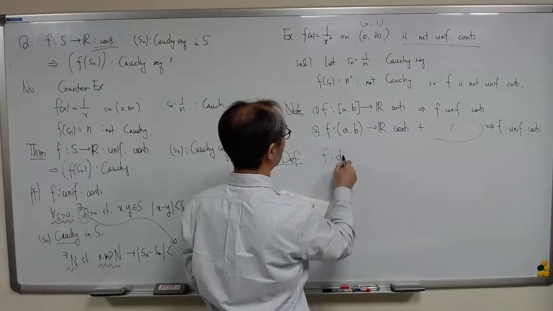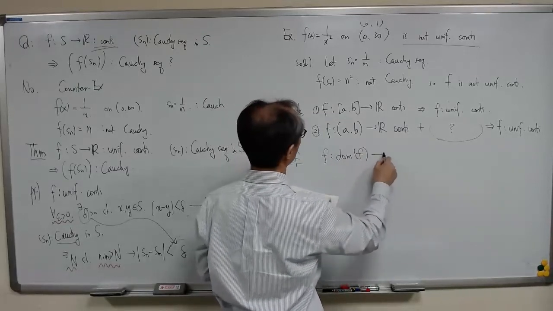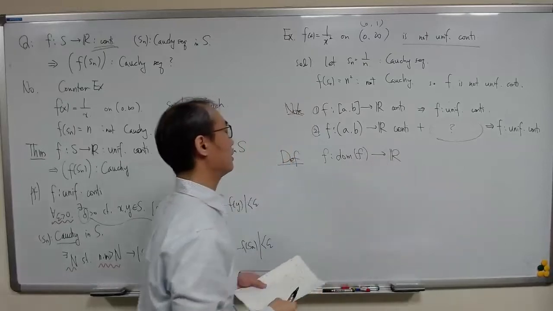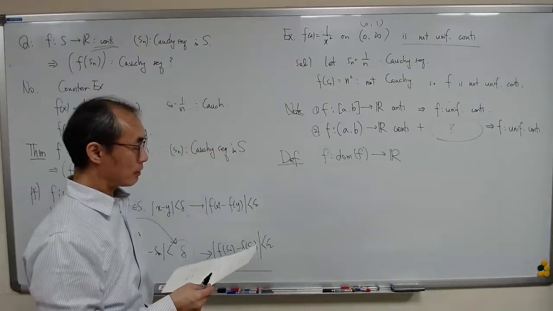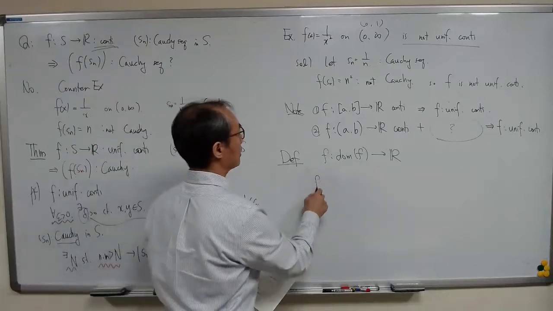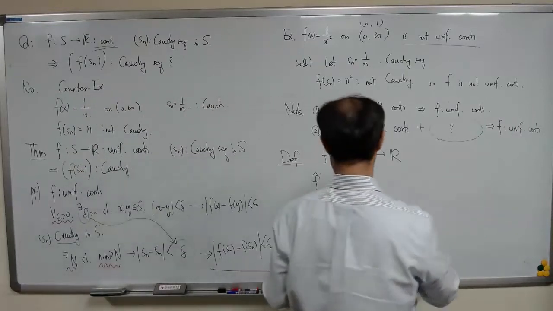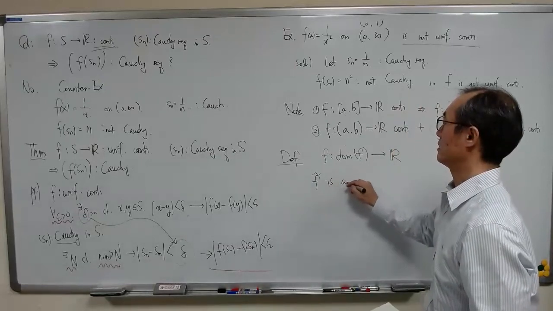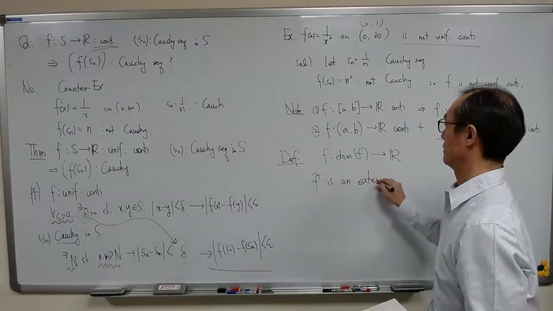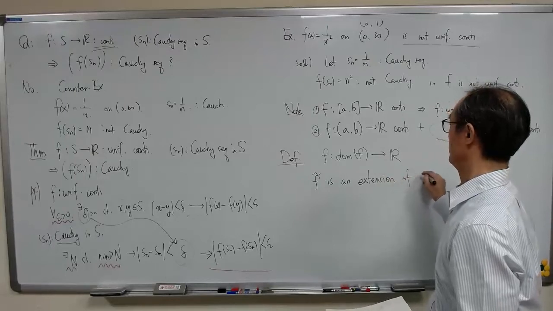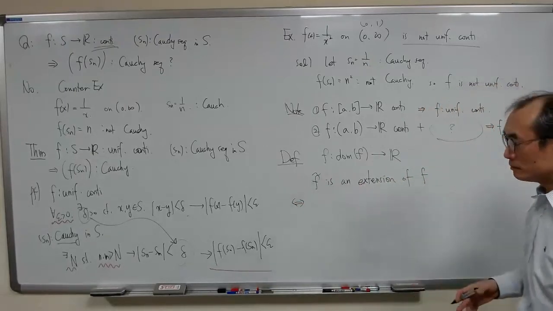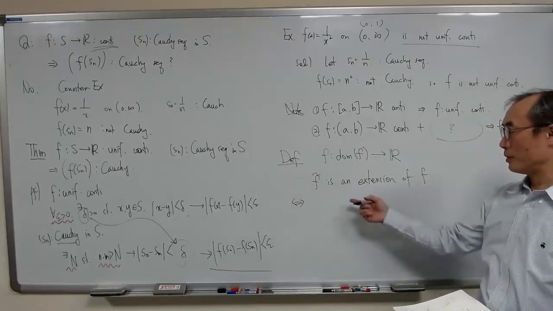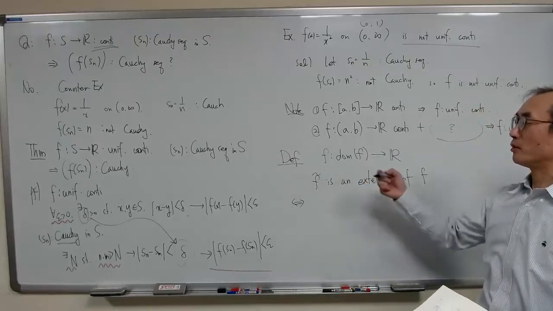f is a function whose domain of definition is explicitly denoted by dom of f, and f tilde is an extension. An extension is a function whose domain of definition is bigger than that of the original function.